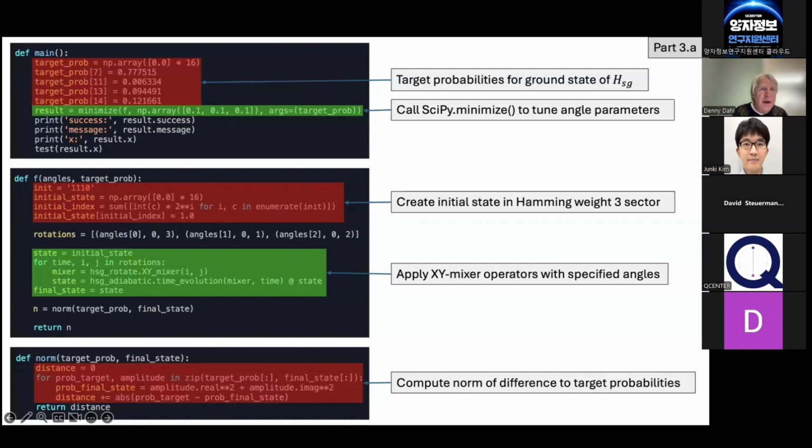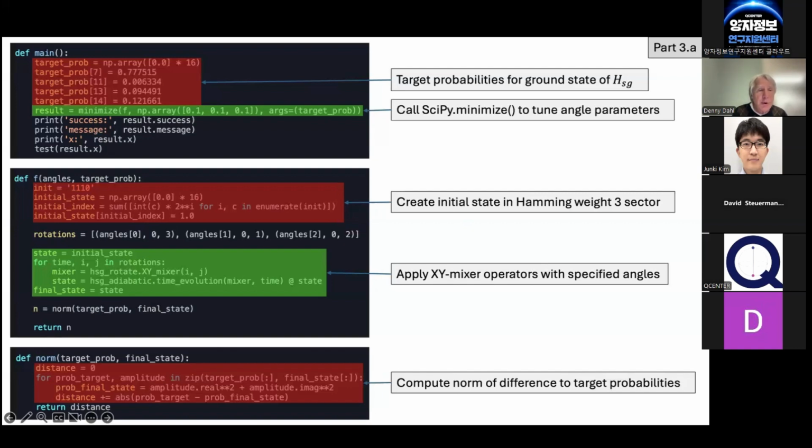It takes in the angles for the mixer operators, and you can see the ordering of my mixers right here. There's the 03 mixer, followed by the 01 mixer, followed by the 02 mixer, and then the 3 angle parameters supply the angles for these 3 mixer operators.